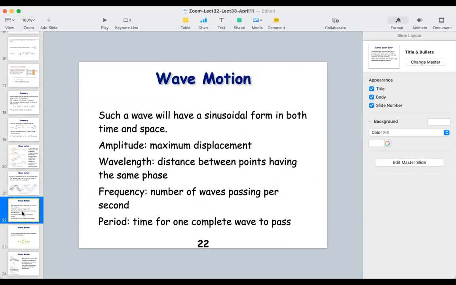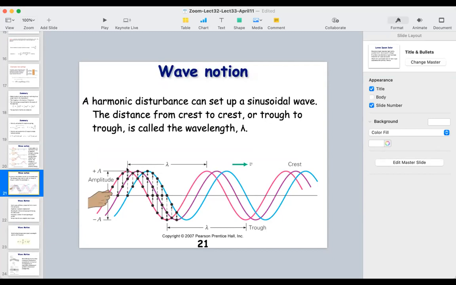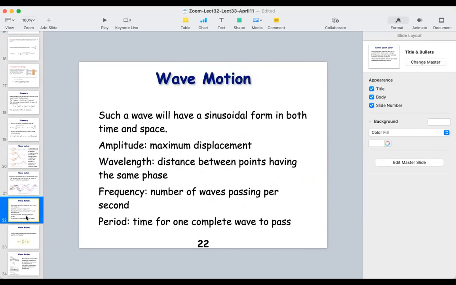Such a wave will have a sinusoidal form in both time and space. Amplitude is the maximum displacement. Wavelength, as we've seen, is the distance between points having the same phase, like crest to crest, but also trough to trough, okay? Points that have the same phase.